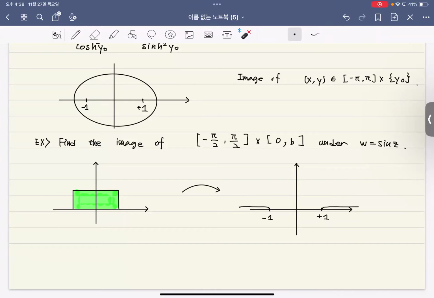And also when y equals 0, you're going to get a line segment from here to there, right? So this is one extreme of this ellipse. And when y is equal to b, then you're going to get some curve like this.